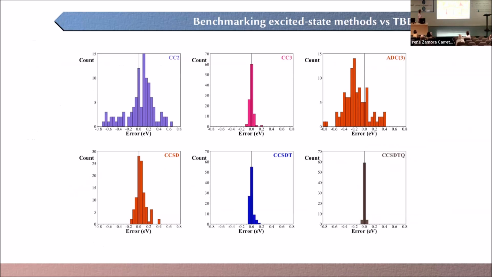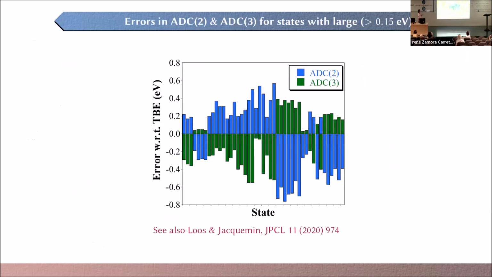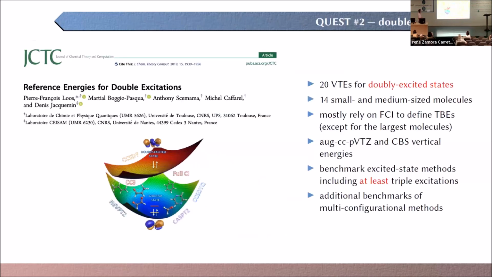CC3, if it's a singly excited state, is a very, very good method. It's not as expensive as CCSDT and it gives you something very good. We found that ADC(3) is not much of an improvement compared to ADC(2), which is a bit of a bummer because it's more expensive. So we could really see those kinds of trends in the methods.